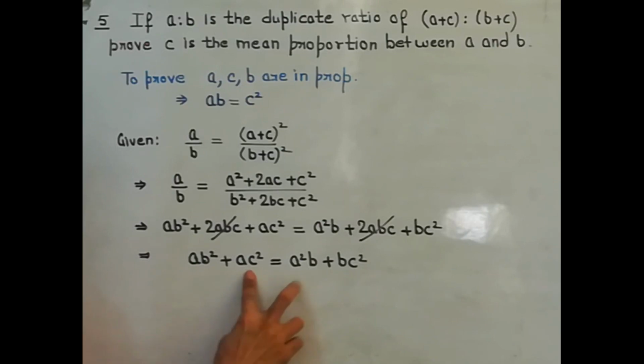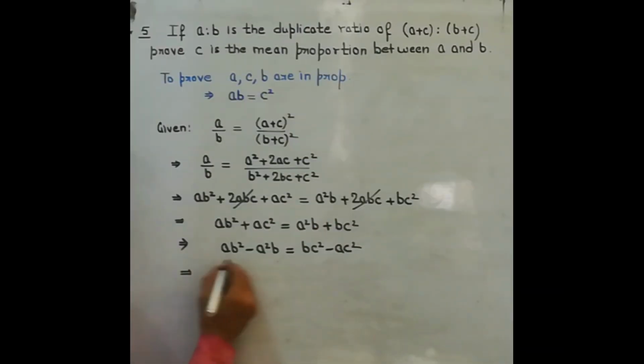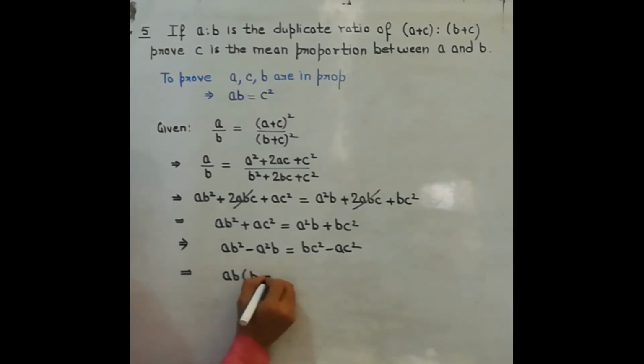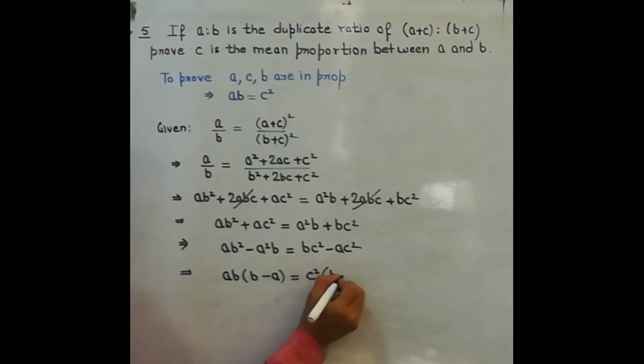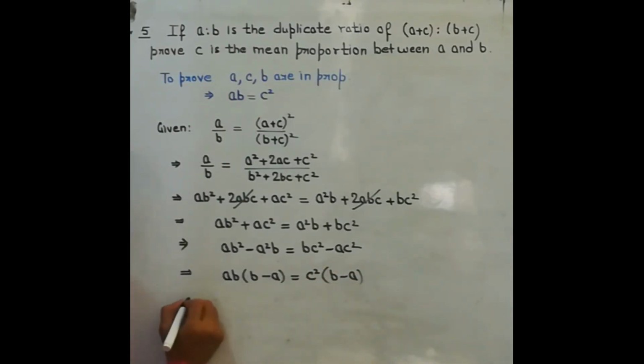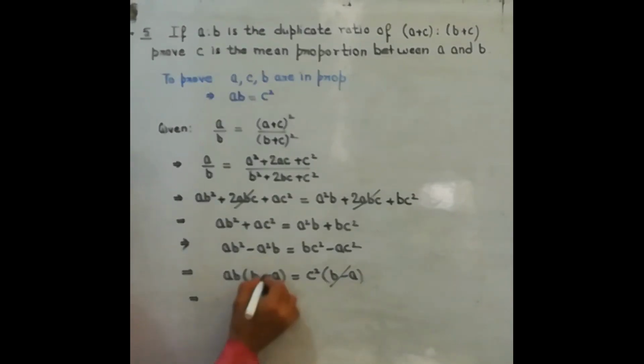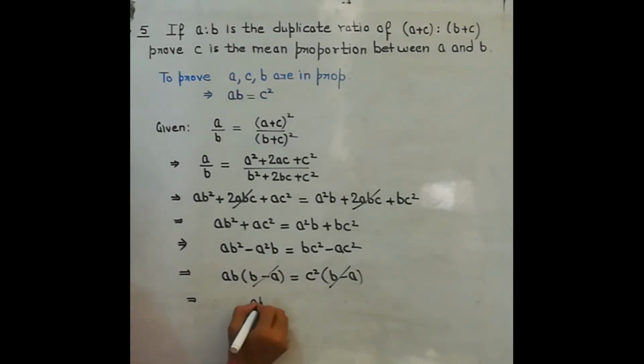So we will collect these two terms having c square on one side. So here on the left side ab is common. So we are left with b minus a. On the right side c square is common. So b minus a. So this b minus a will cancel out. So ab is equal to c square. So we have got the result. ab is equal to c square.